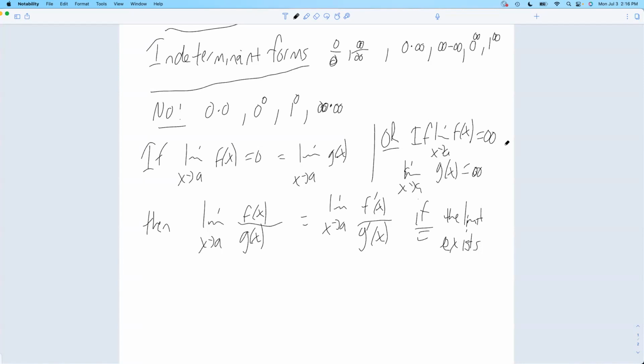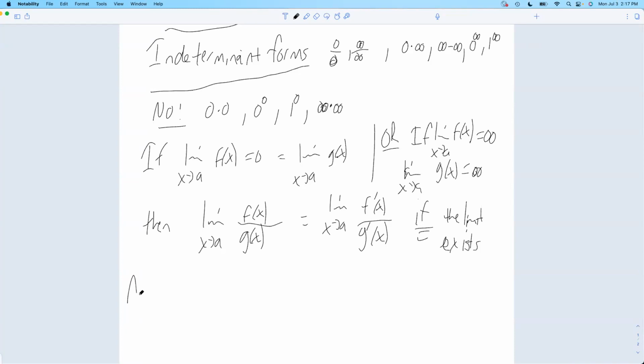We never actually equal infinity, but we know what this means. That means the function gets bigger and bigger without bound. And same here. So if you've got yourself a fraction and both the top and the bottom are shooting off to either positive or negative infinity, then L'Hopital says you can take the derivative of the top and bottom and try taking that limit again. If you get an answer once you've done that, then that's the answer to that original limit question.